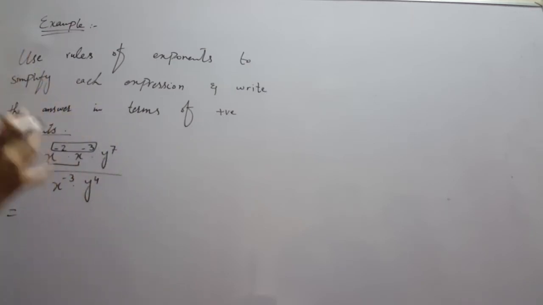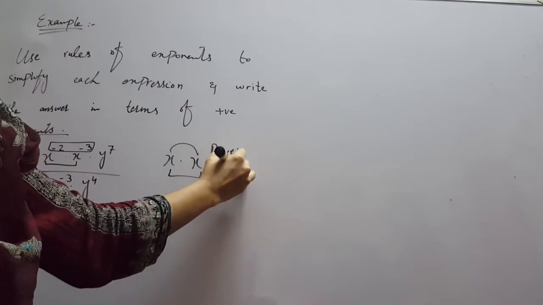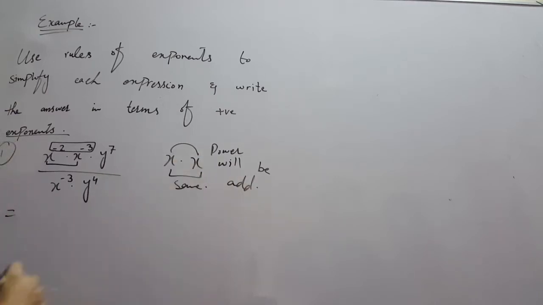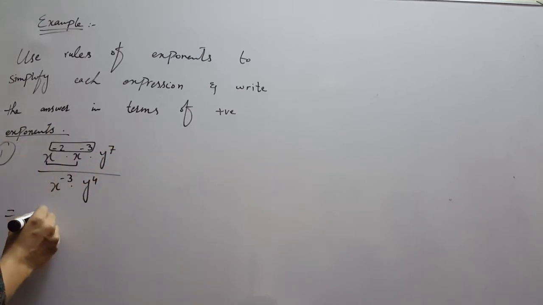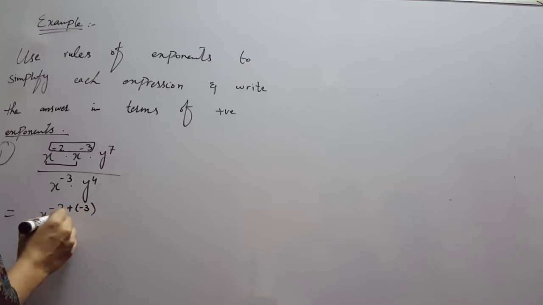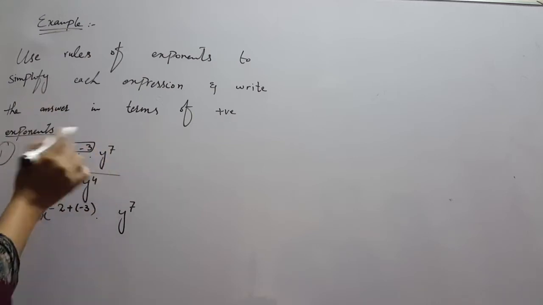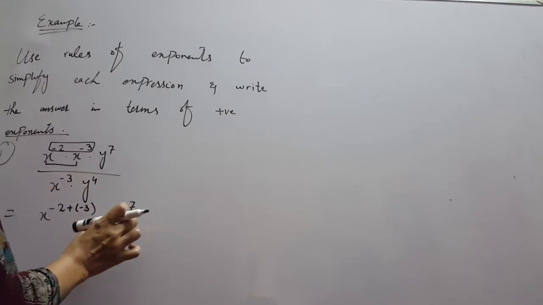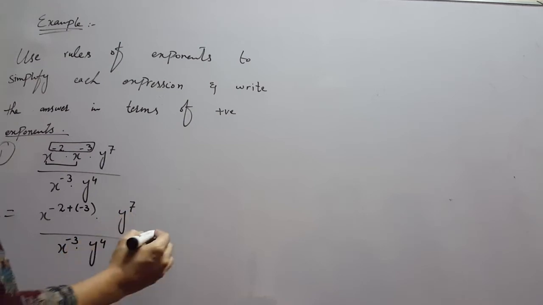We learn that if the base is the same and two variables are multiplied, then their powers will be added. So x raised to power minus 2 plus minus 3, and y raised to power 7, because we cannot add x and y, as the bases are not the same.